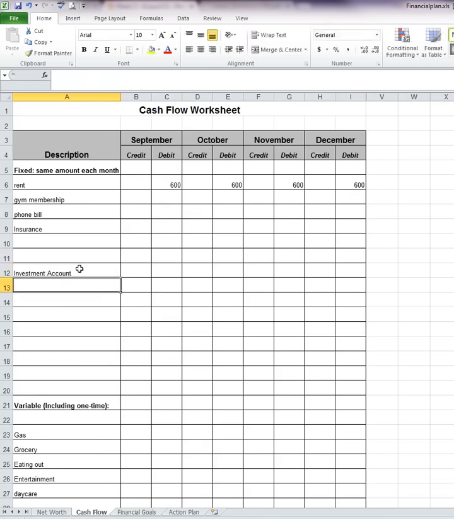Or you potentially are having an expense to your credit card balance. Each of these will affect that net worth statement. And again, we're trying to grow our net worth by managing our cash flow, making better decisions about how we spend our money.